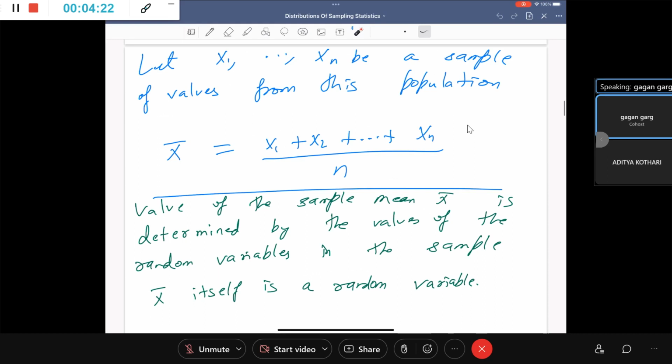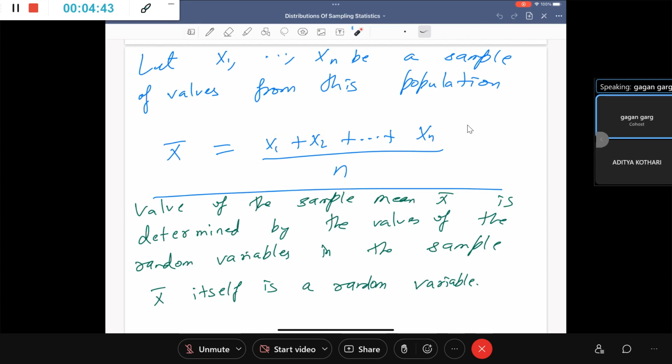Then we define the sample mean, which is the mathematical average of all the values. And the main point to be noted here is that x bar itself is a random variable. Why? Because x1, x2 up to xn are randomly chosen.